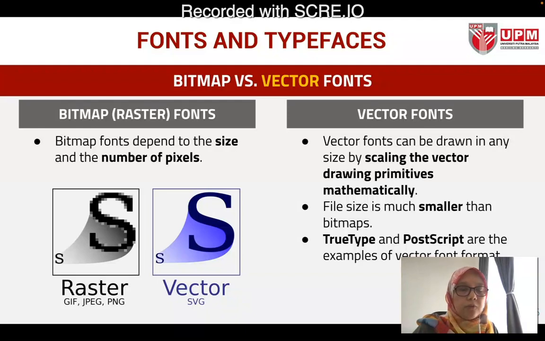Two examples of vector fonts are TrueType and PostScript. If you look at the image, there are differences between the raster and vector font, especially when we zoom in on the character. You can see that the raster image or raster font will be jagged or pixelated.